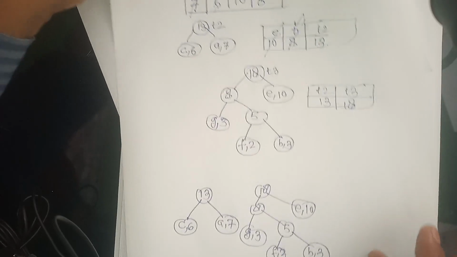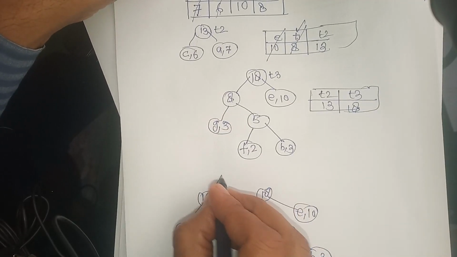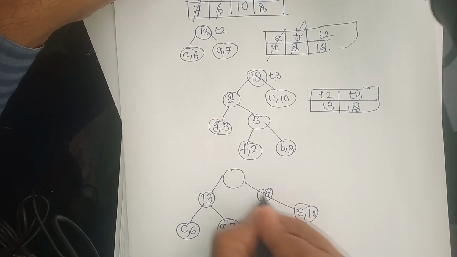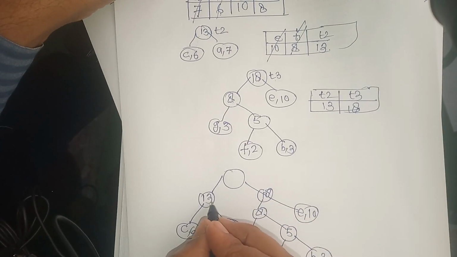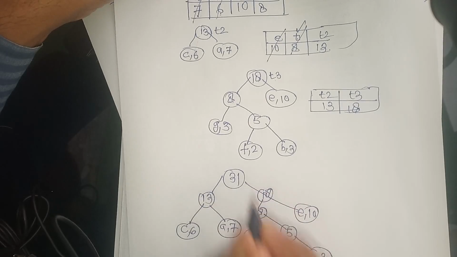Now add up these nodes' frequency. So 13 plus 18 will be 31.